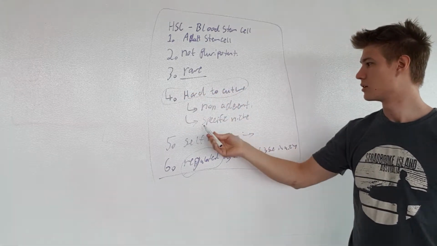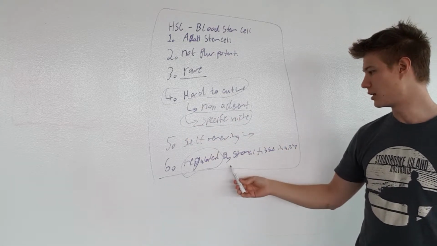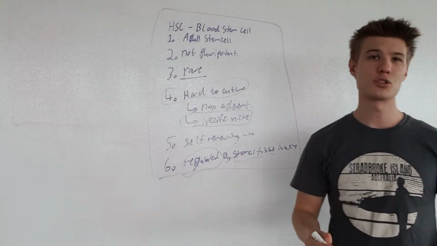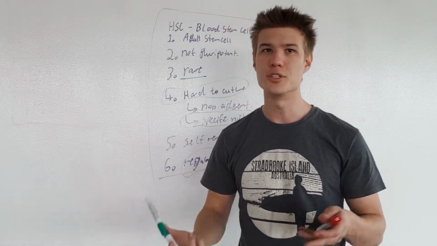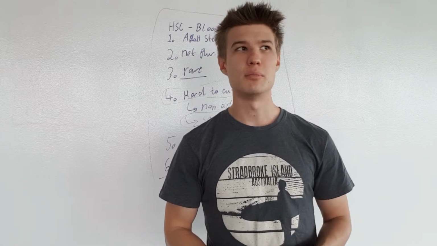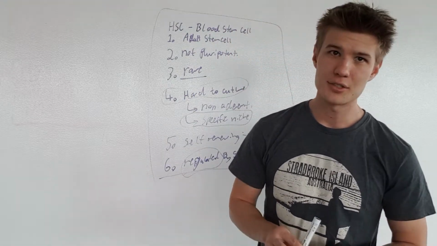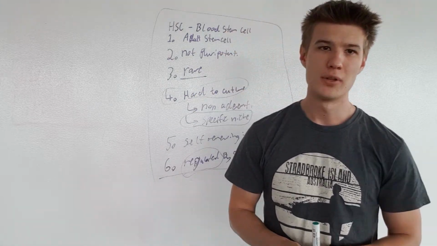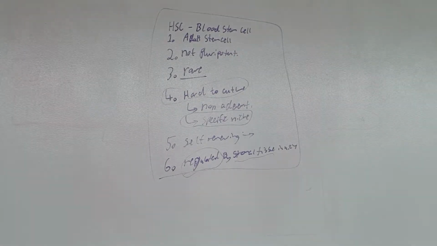They have a very specific niche, so they are regulated by stromal tissue in the niche. The stromal tissue, which is just connective tissue, includes the osteoblasts and the other stromal cells in the bone marrow niche, which makes it very difficult to culture these cells in vivo. Now let's have a look at what that niche looks like very quickly.